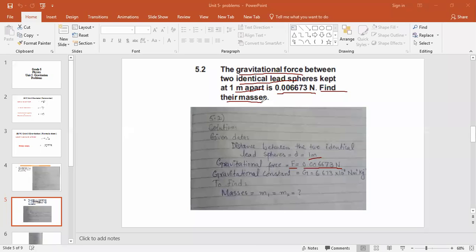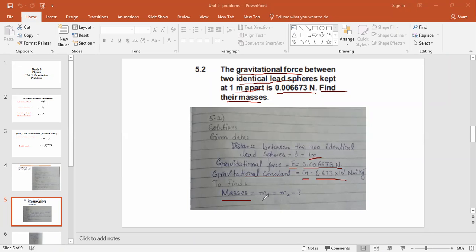It means if you find out one mass, then the other mass will be equal to the previous mass. The gravitational constant, you have to write by yourself, which is represented by capital G, and which is equal to 6.673 into 10 raised to power minus 11 Newton meter square per kg. As you know, from the above problem you have to find out the masses, and both masses are identical, they are two identical lead spheres.